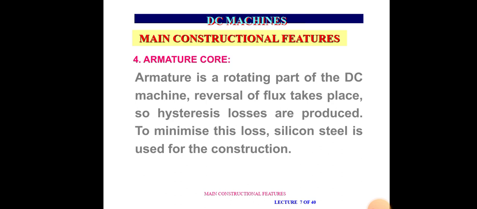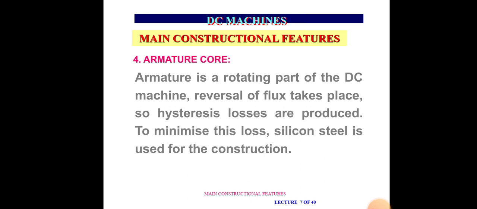The armature along with the conductors rotates under the poles, and the flux produced by the field magnet is cut by the armature conductors. The armature is the rotating part of the DC machine and reversal of flux takes place, so hysteresis loss is produced.